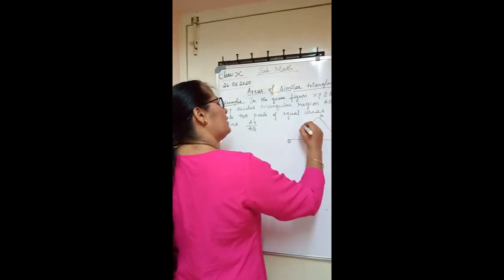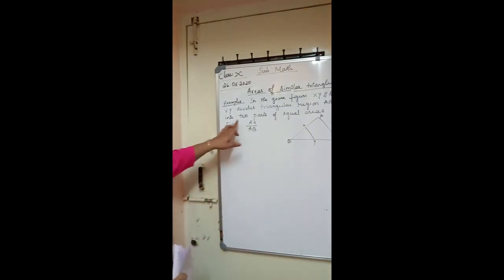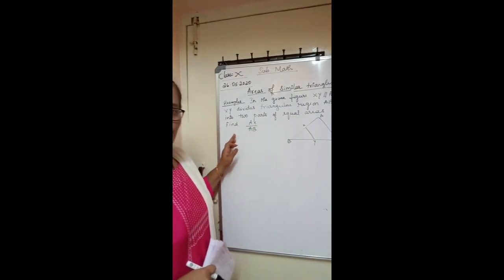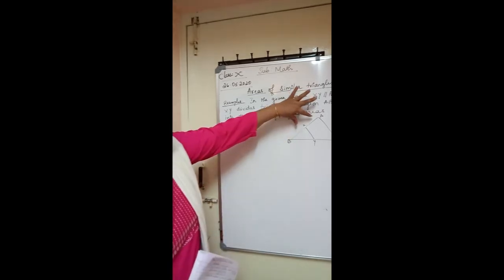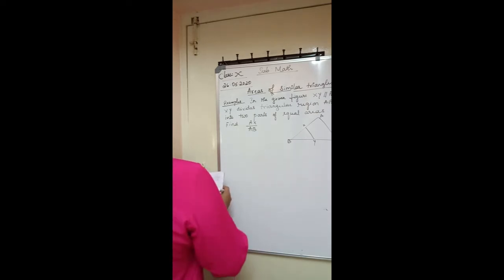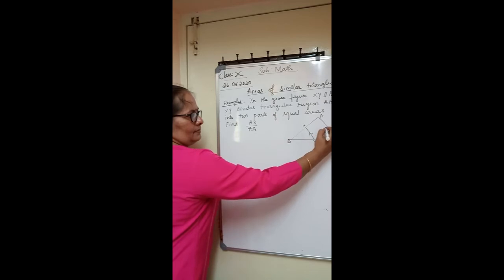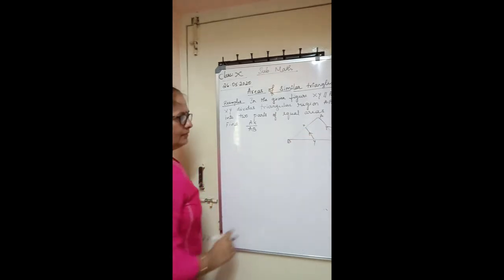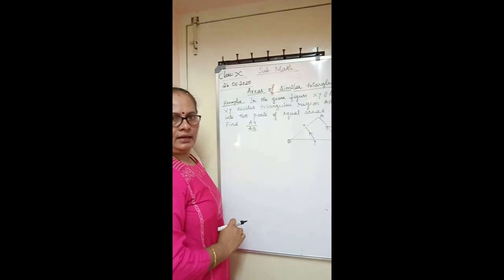This is XY. XY parallel to AC. So you have to find the ratio of AX by AB. Now, since these two lines are parallel, when the lines are parallel, then their corresponding angles are equal, right?